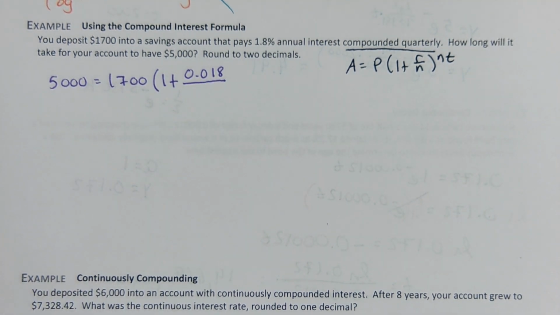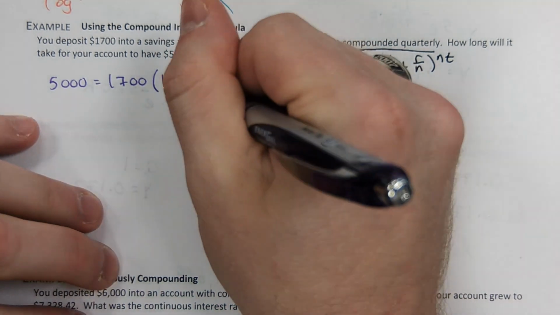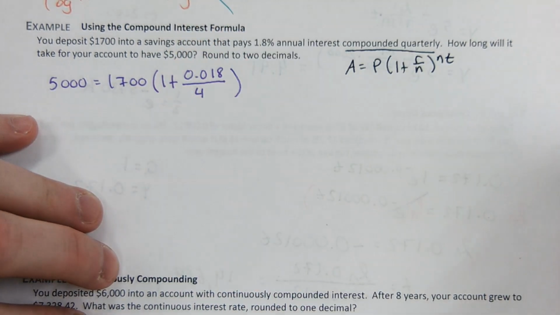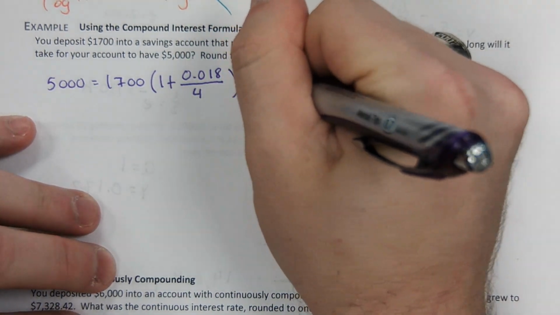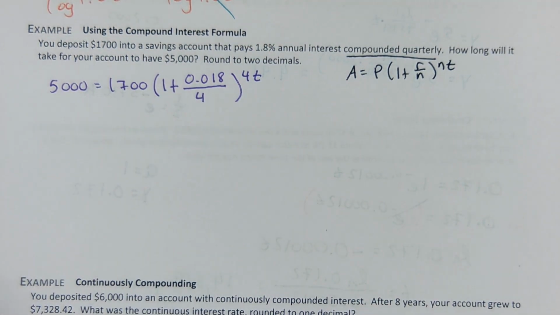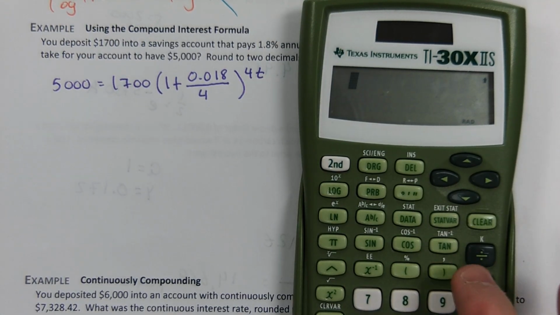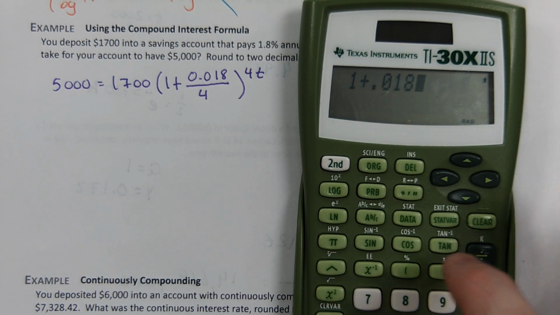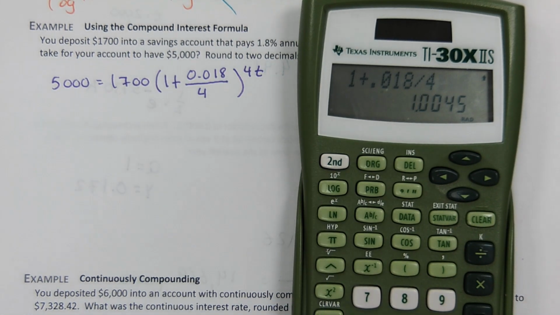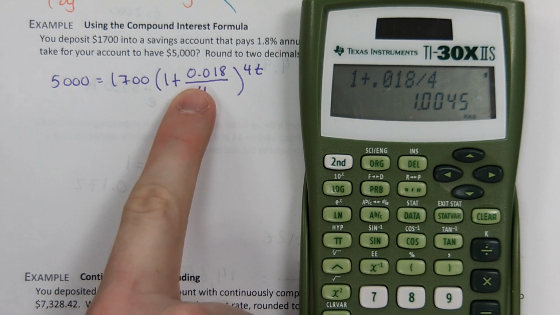So if it says quarterly, how many is that? 4. 4 quarters in a dollar. And then we have 4 times T, and we're solving for T. All right. I wonder if that's pretty enough for me to write it down. 1 plus 0.018 divided by 4 is, yes. So we'll just write that as 1.0045.